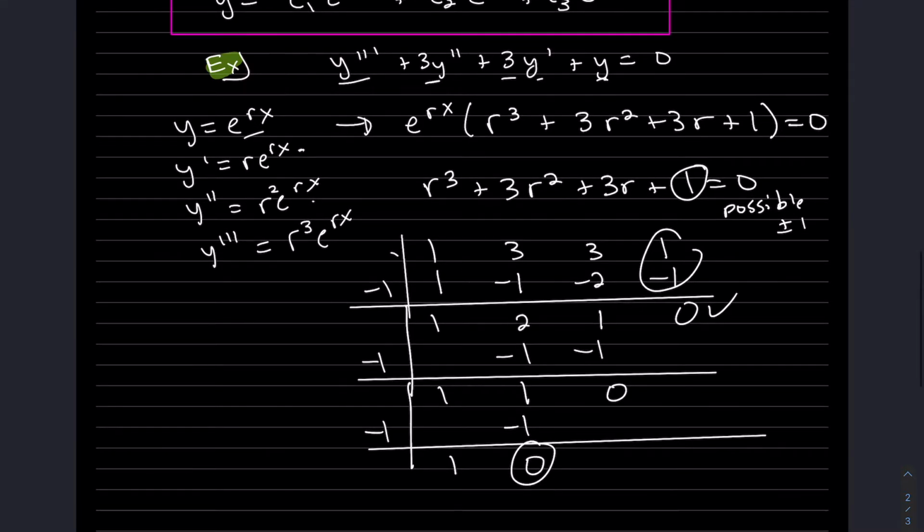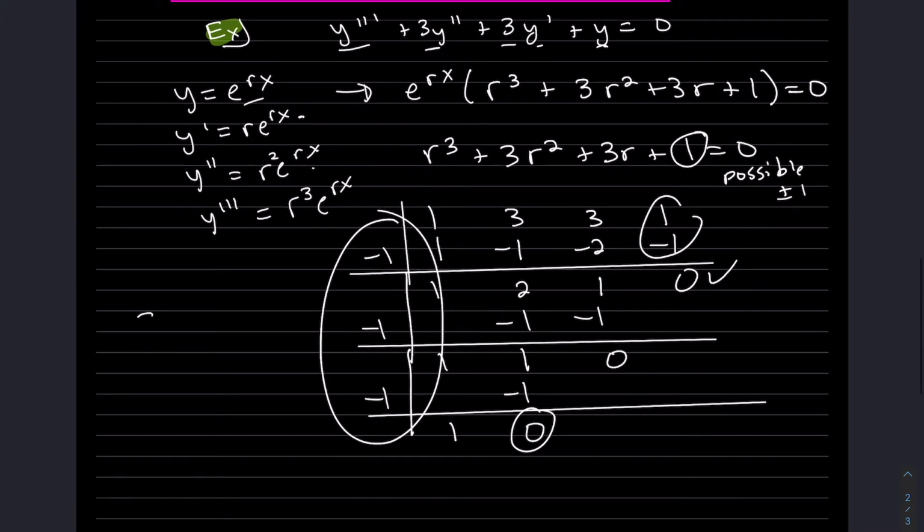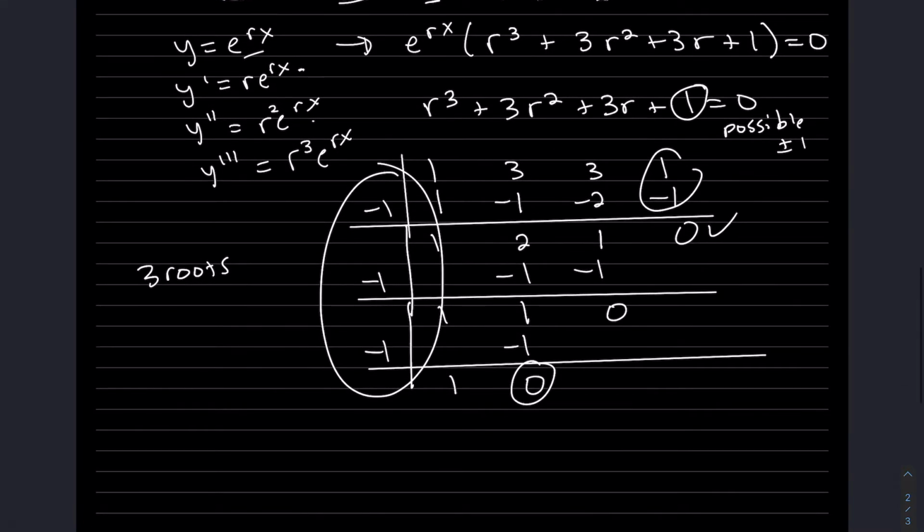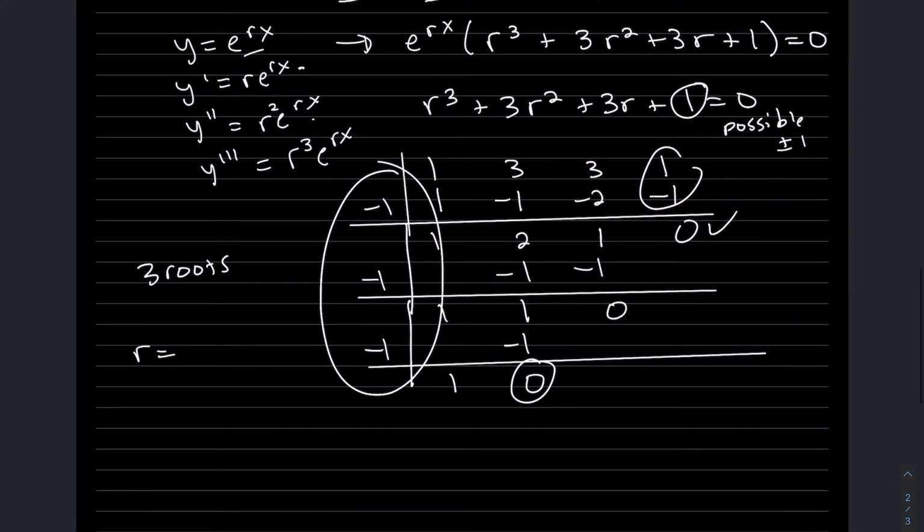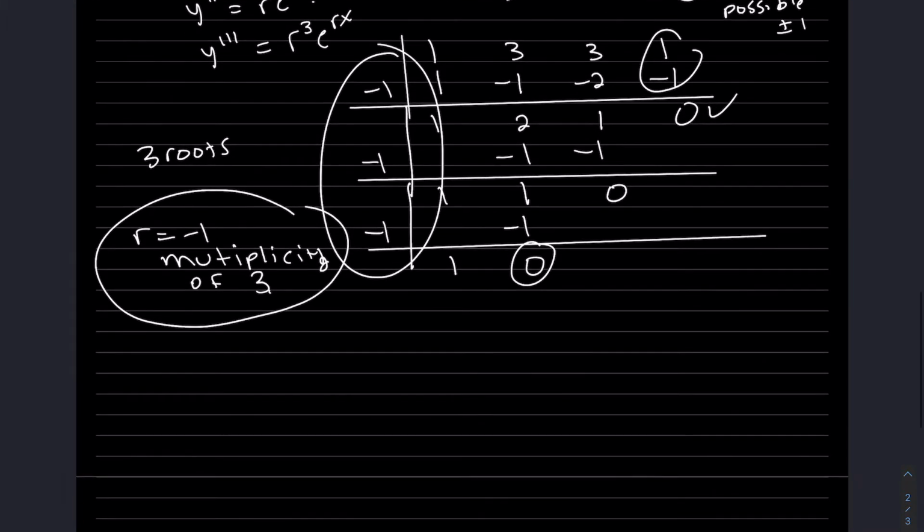Okay, so that means we found our 3 roots. Or you can write them as products and whatnot. So we have r equals -1 with multiplicity of 3. Or r plus 1 to the third equals 0.